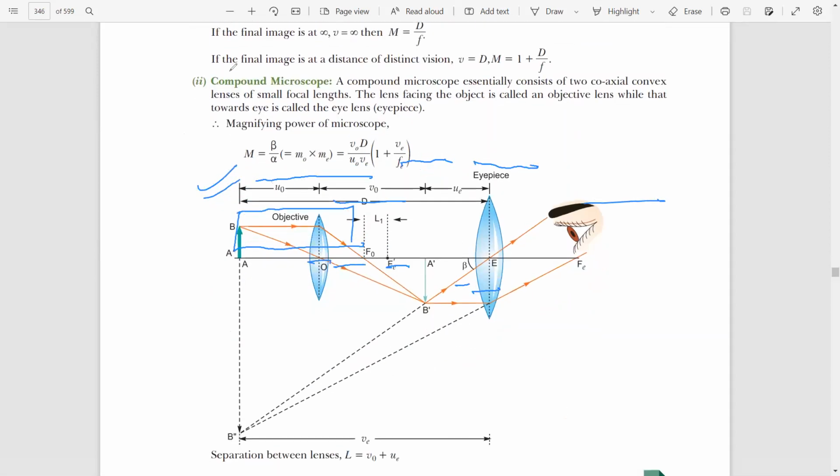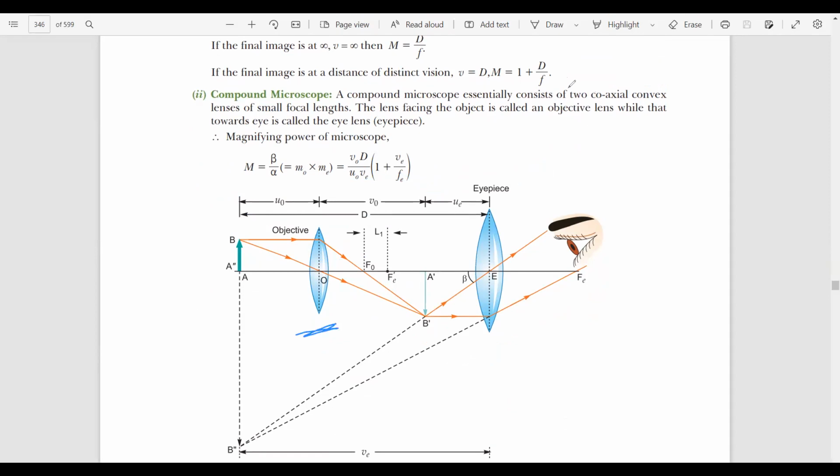Compound microscope. A compound microscope essentially consists of 2 coaxial convex lenses of small focal length. So there are 2 lenses. The lens facing the object is called the objective lens, while the other is the eyepiece, from where we are looking for our vision.